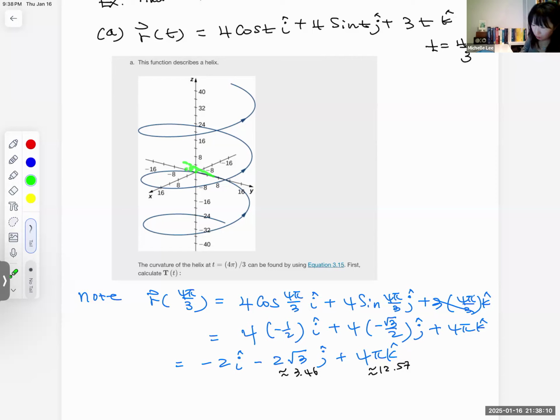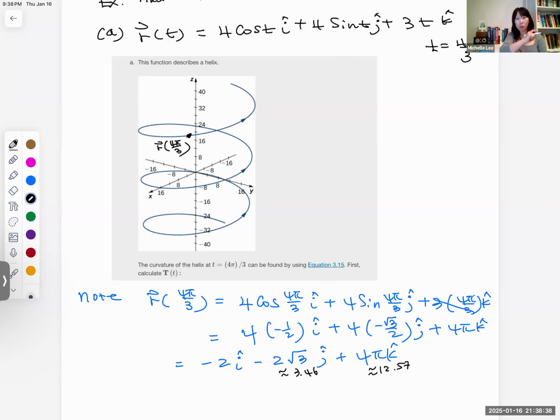And then we make a positive, and then almost a 13, right? So just say approximately about here. Approximately, yeah. So r of 4 pi over 3.